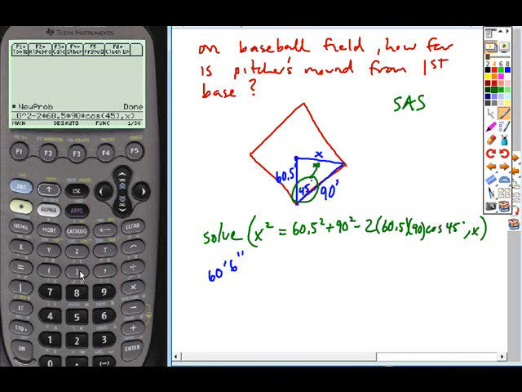Once you type in your entire equation, since I have decimals already, it gives me a decimal answer.